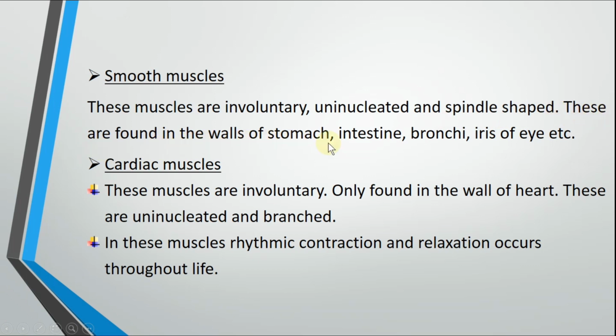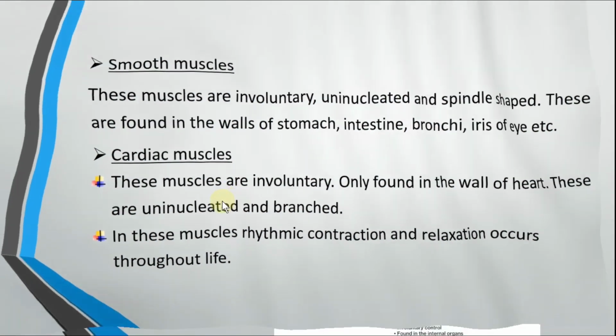These are found in the walls of stomach, intestine, bronchi, iris of eyes, etc. Cardiac muscles. These muscles are involuntary, only found in walls of heart. These are uninucleated and branched. In these muscles, rhythmic contraction and relaxation occurs throughout life.